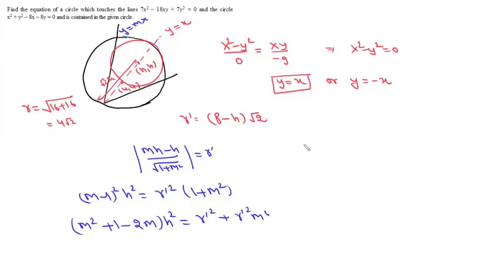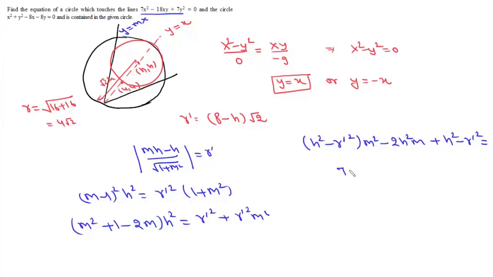Now we can write this as (h square minus r dash square) m square minus 2h square m plus (h square minus r dash square) equals 0.